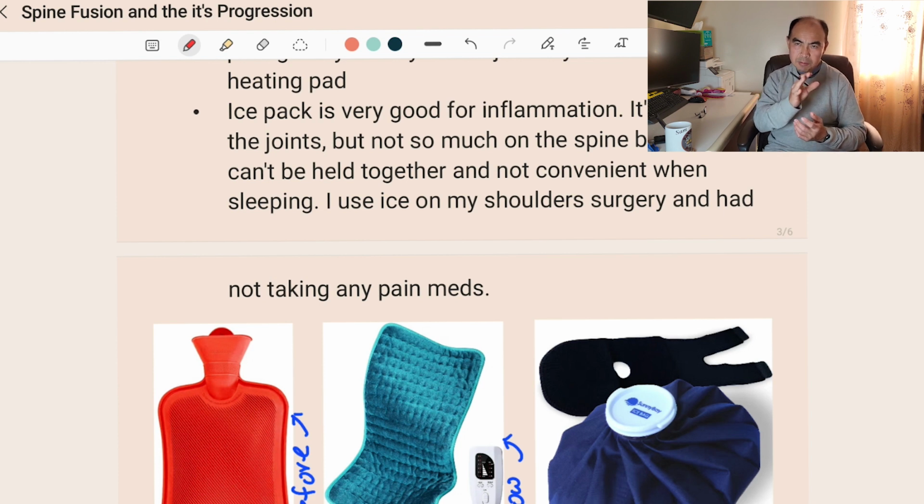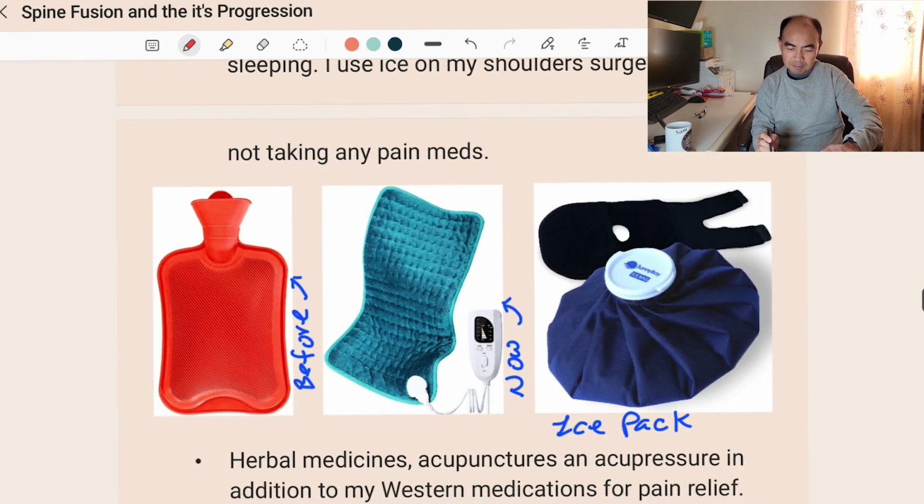But an ice pack does not work well when I'm trying to sleep. So at night, the ice pack bottle, if you look at the below, this thing is not so much. It's not so easy to apply on the back of the spine.